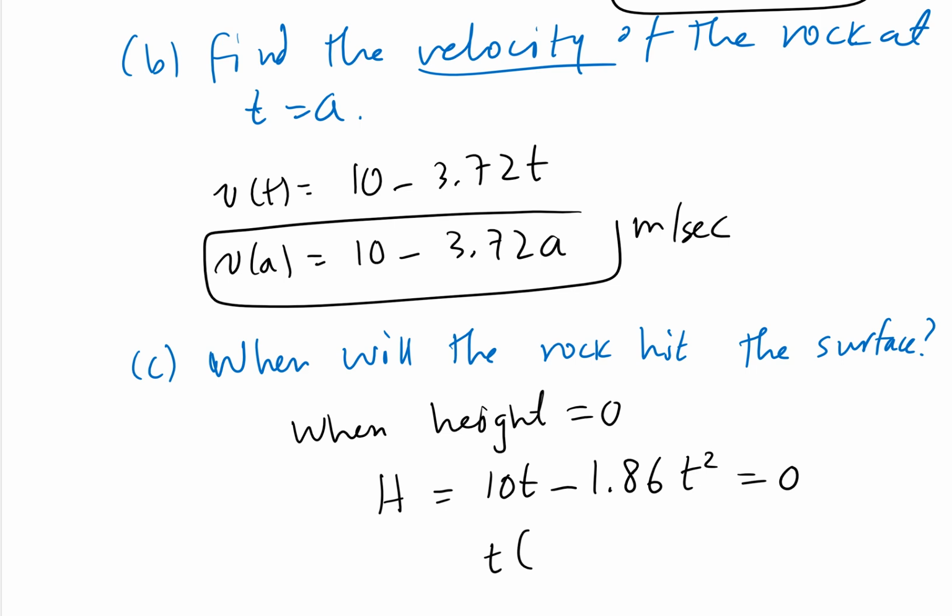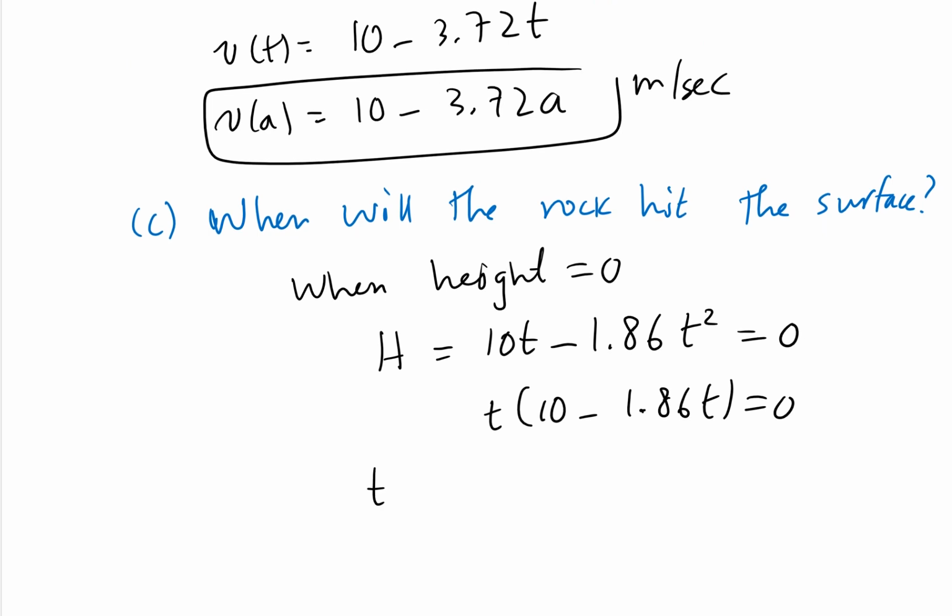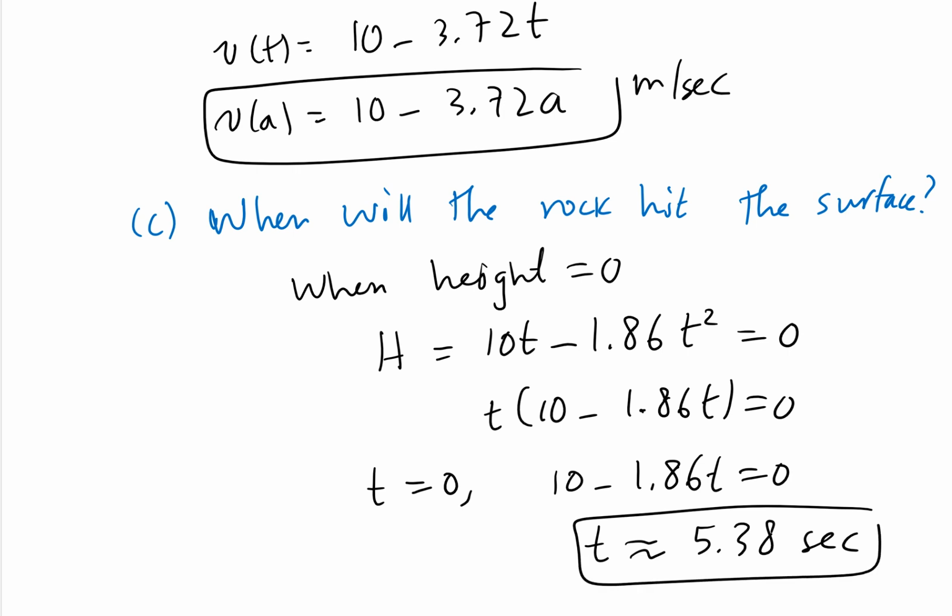Take a t out: t times 10 minus 1.86t equals 0. That means when t is 0, or when 10 minus 1.86t equals 0. So t is about 5.38 seconds. t equals 0 is the moment right before you throw it, when it was at no height.